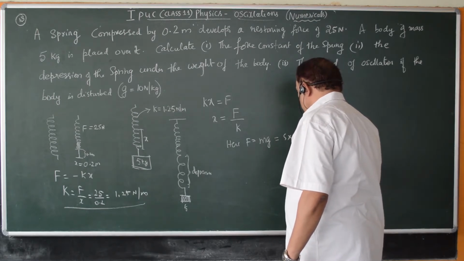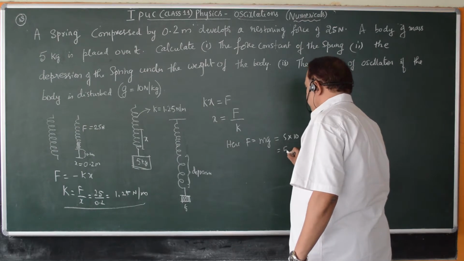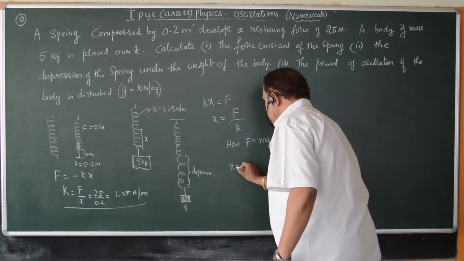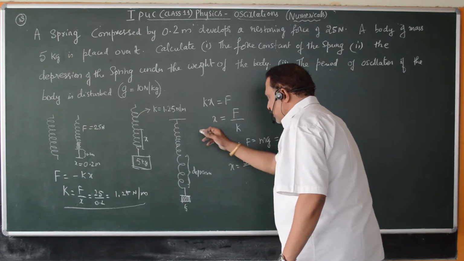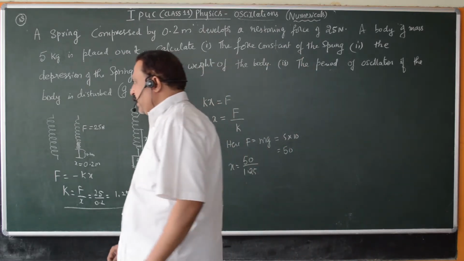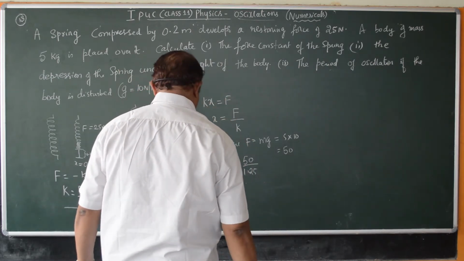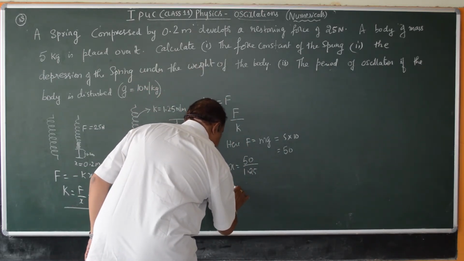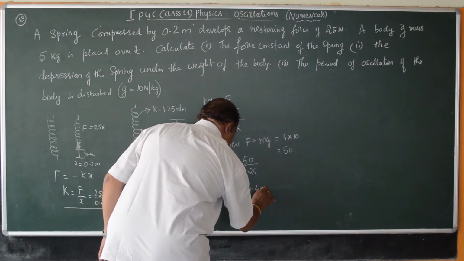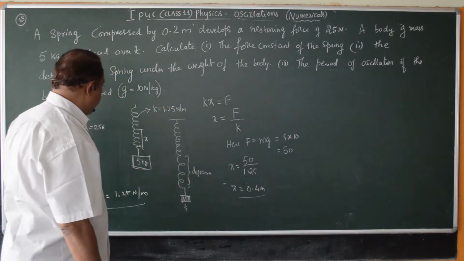This is 5 into g, which is given as 10 newtons per kg. So this is 50. Therefore, x equals 50 over the spring constant of 1.25. So 50 by 1.25 is roughly around 0.4. Therefore, x equals 0.4 meter. So this depression's length will be around 0.4 meter.